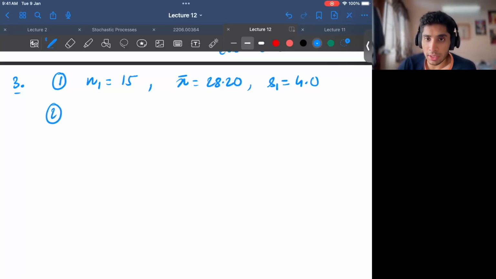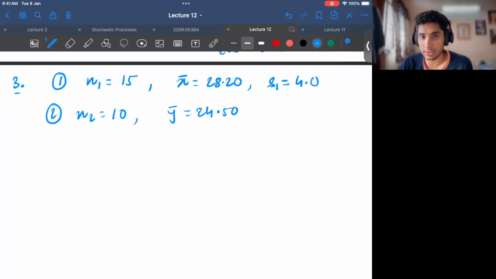Then you take another sample of 10 children, so N2 is equal to 10, from California. The first sample was taken from New York; this time you take it from California. This time you see that the mean time they spend watching television is 24.50 hours per week, with a standard deviation S2 equal to 5 hours, 5.0.